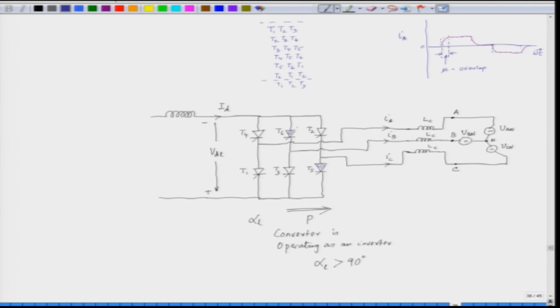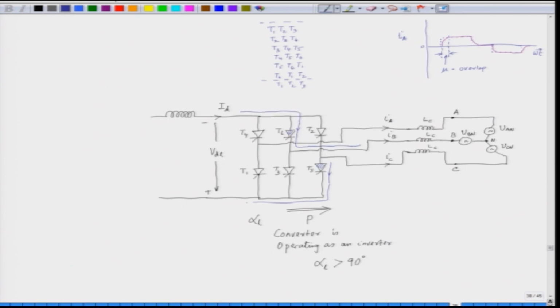This SCR is on, this SCR is also conducting, so we have the current flowing like this. This point is connected to this point here. The current is coming from the DC link all the way.